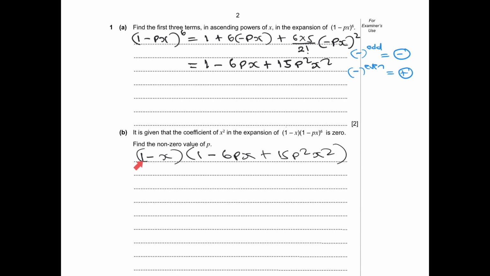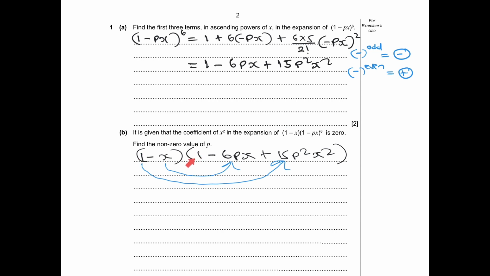I can consider 1 and that one there, which will give me x squared. What other terms will multiply out to give x squared? I can also consider negative x squared with negative 6px. So I'll consider that one and that one. We don't have to multiply out all the terms, because, for example, 1 times 1 is not what we need.